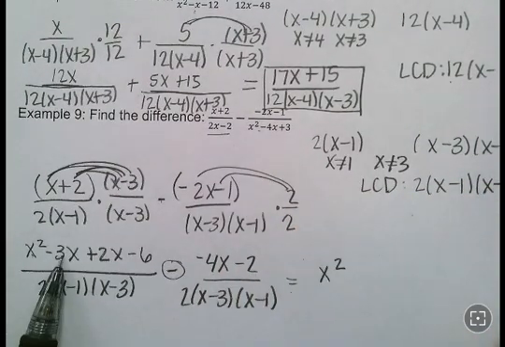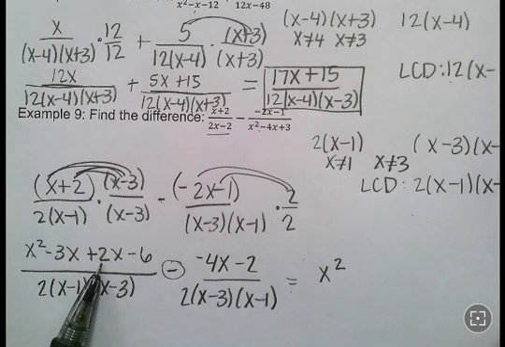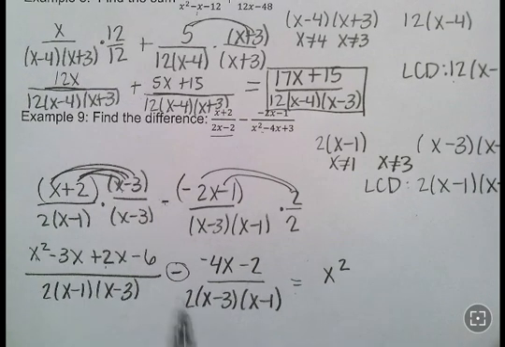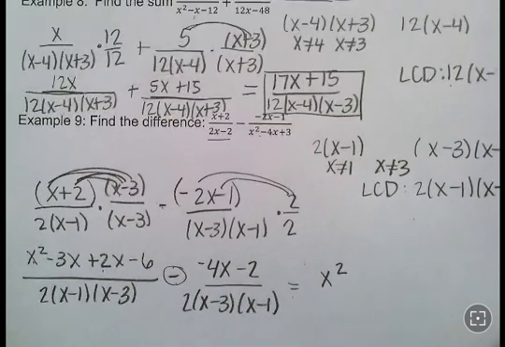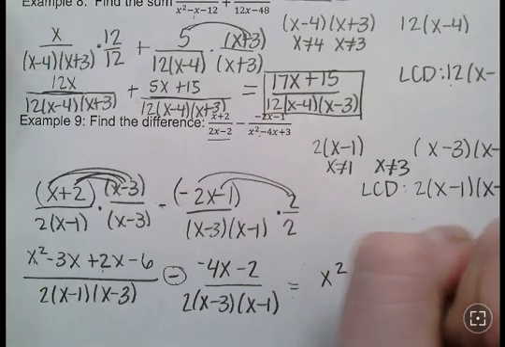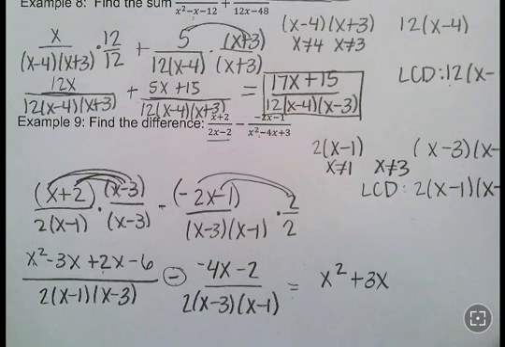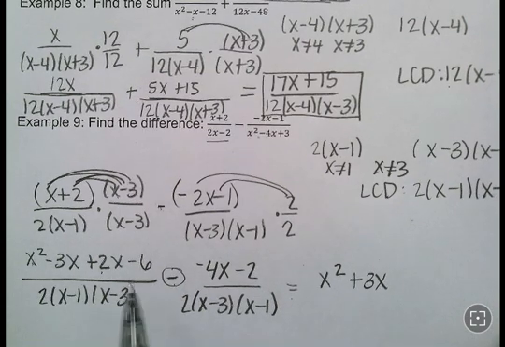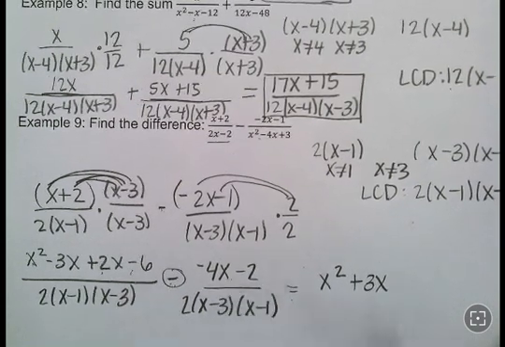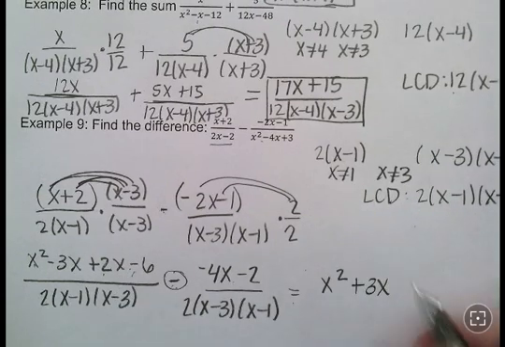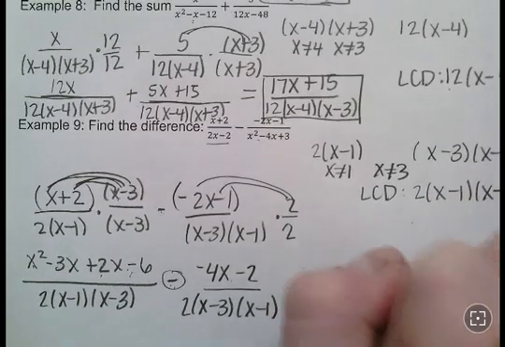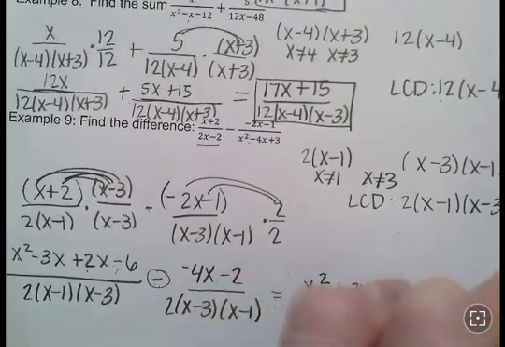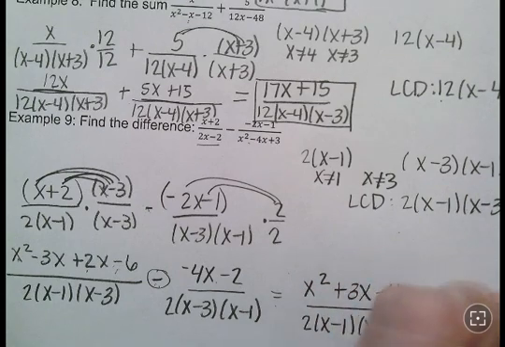I've got negative 3x plus 2x, which is a negative 1x, minus a negative 4x. So I've got negative 1x plus 4x, which gives us a plus 3x. Okay? And then I've got negative 6 minus negative 2, which is negative 6 plus 2, which is minus 4, over 2 times x minus 1 times x minus 3.